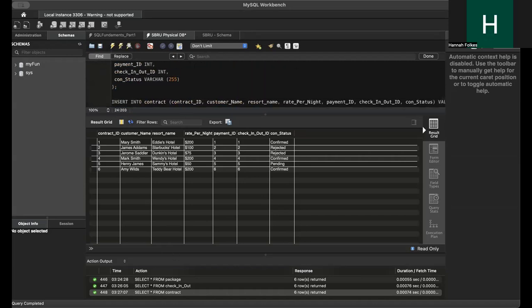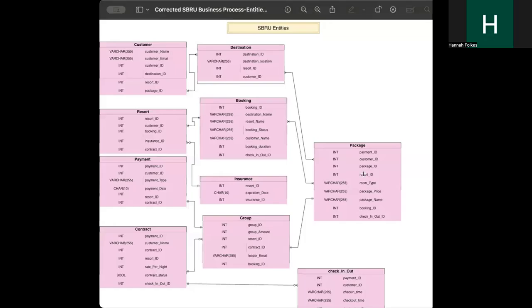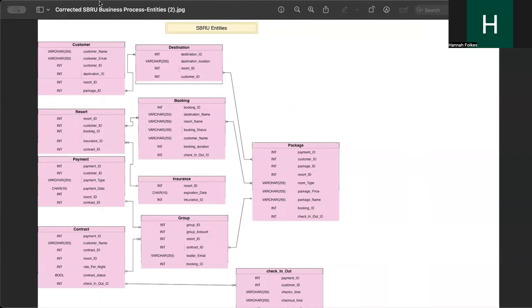So now I'm going to stop sharing my screen and briefly show you the business process diagram and the entity table relationships for the database. Well, let me just share that right now. So we're going to first start with the entity relationships.